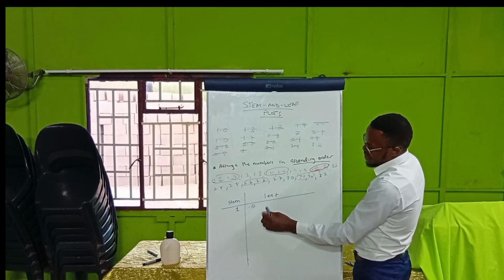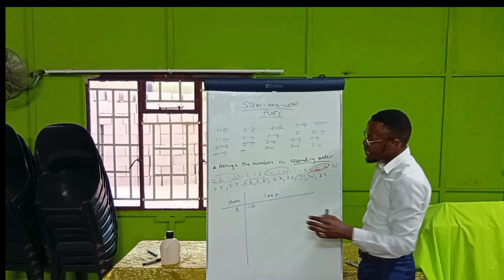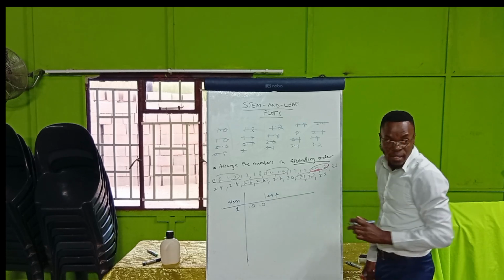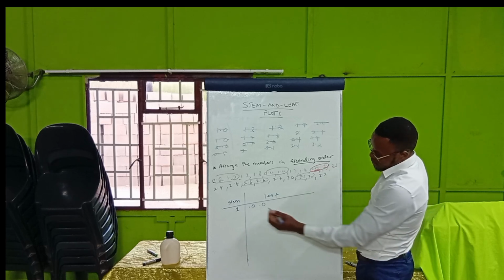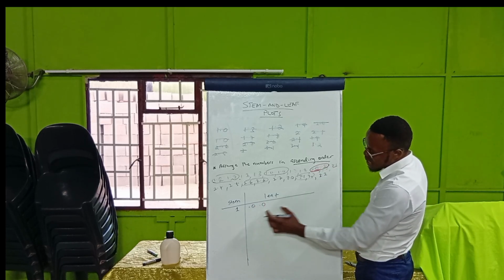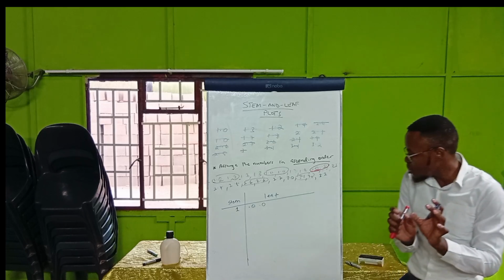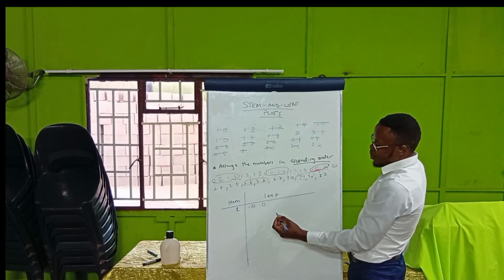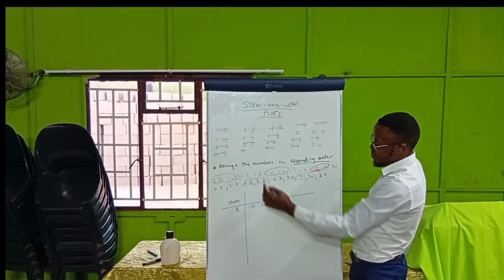And then you leave some space, 1.0, 1.0. Not commas, you just leave a considerable amount of space, enough to make the distinction between the numbers. So the next one is 1.2, the same step.